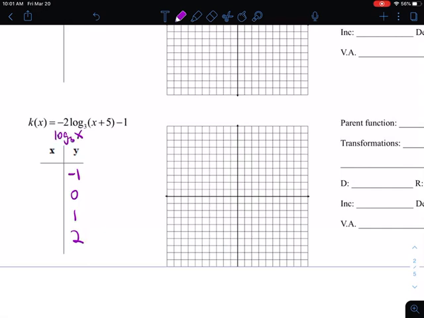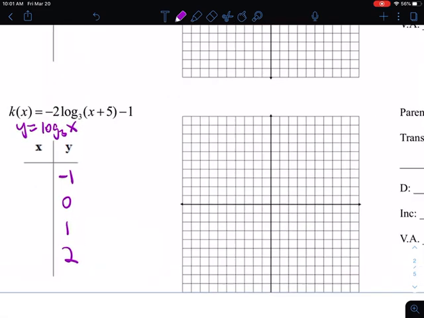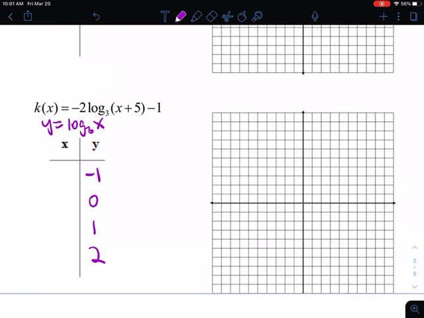In this case, our parent function is log base 3 of x. Let's find what the x values are. When y is negative 1, 3 to the negative 1 is 1/3, or 0.33. When y is 0, 3 to the 0 is 1. And similarly for the rest of these.